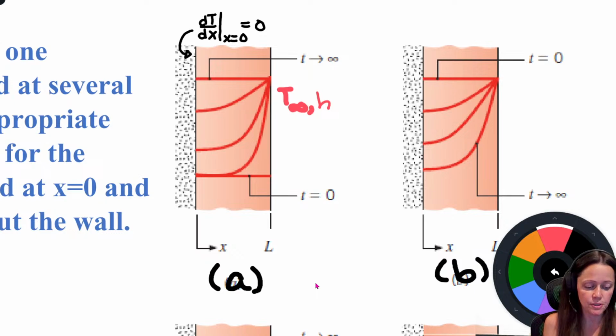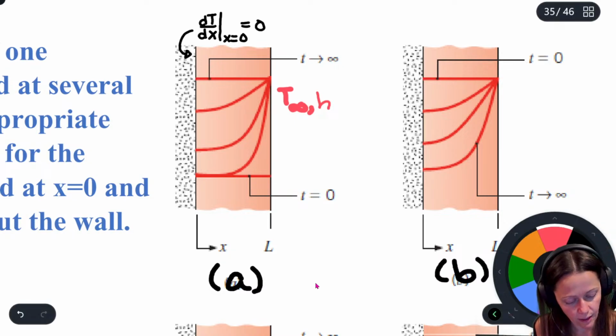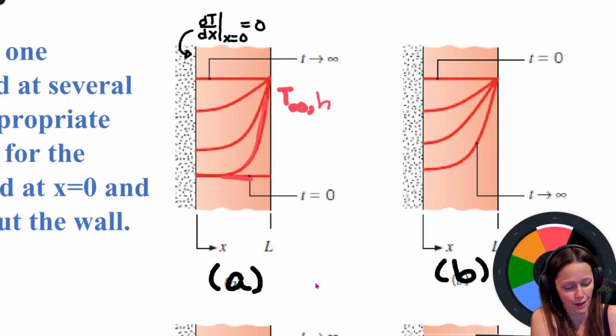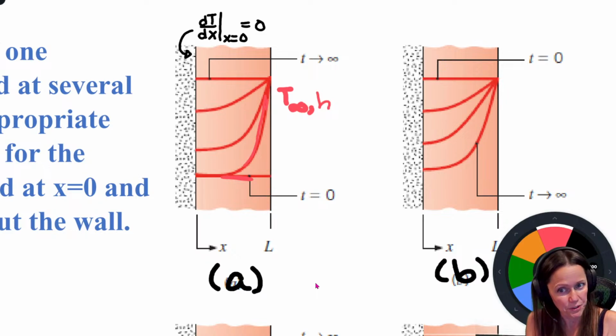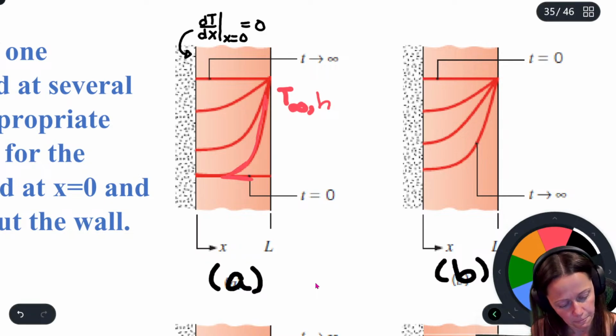So I've exposed it to some hot fluid, and the temperature distribution is what's indicated by those little lines that are kind of going up. The temperature starts out low, but then at intermediate times it's going up. Of course it's going to be higher closer to that hot fluid than it is at x equals 0. It's going to take a little bit for the temperature to come up at x equals 0.